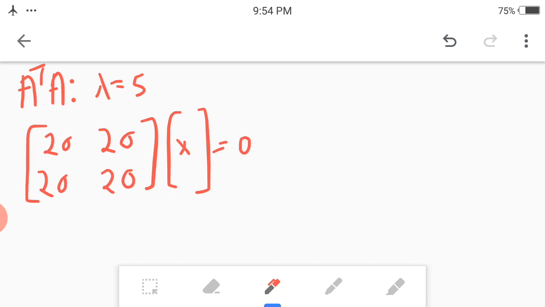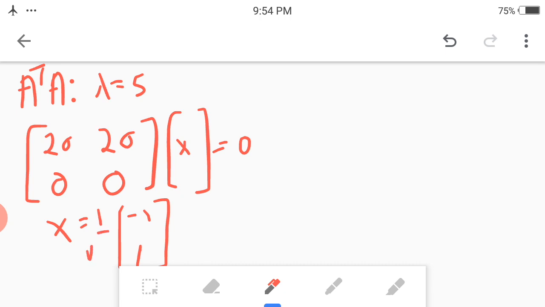So if you apply row operation, this row becomes 0. So what will be your x? Your x will be your free variable set to 1. Minus 20 by 20 is minus 1. And we have to orthonormalize it. So that becomes 1 by root 2. So this is your V1.